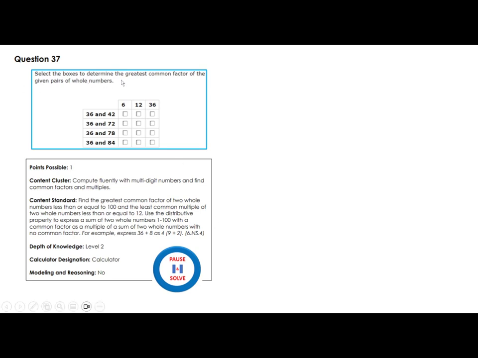Select the boxes to determine the greatest common factor of the given pairs of whole numbers. Greatest common factor. We're dealing now with the first situation here. 6 goes into 36 and 42 at the same time.